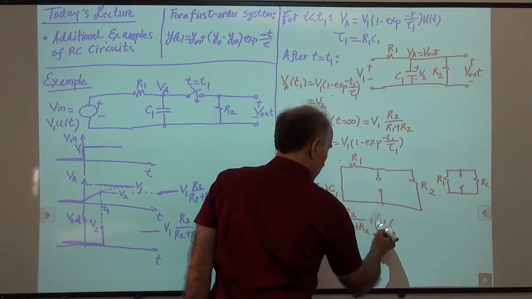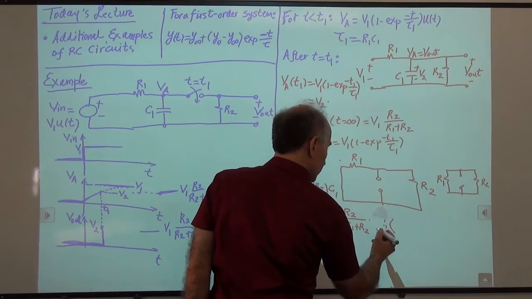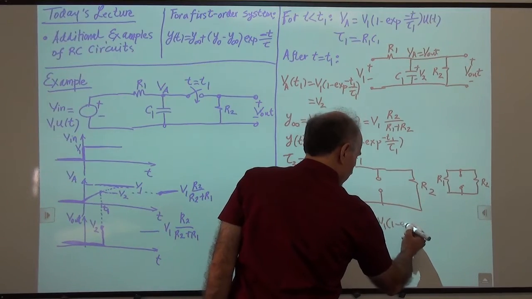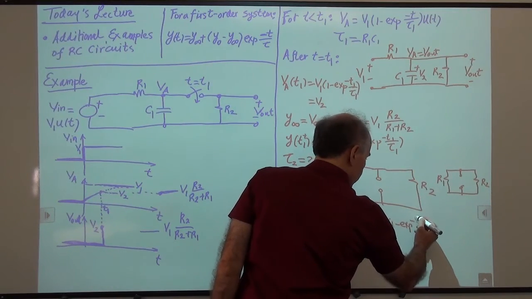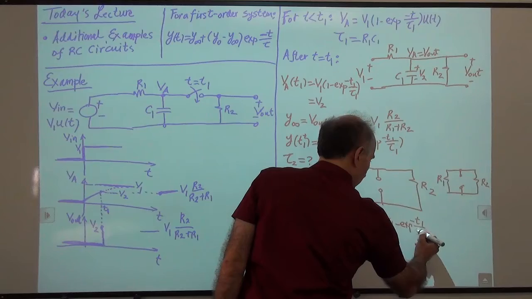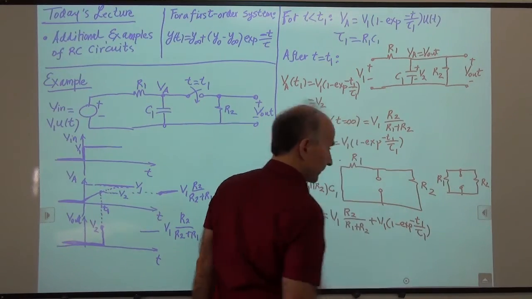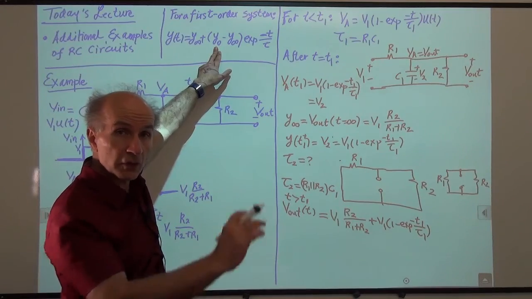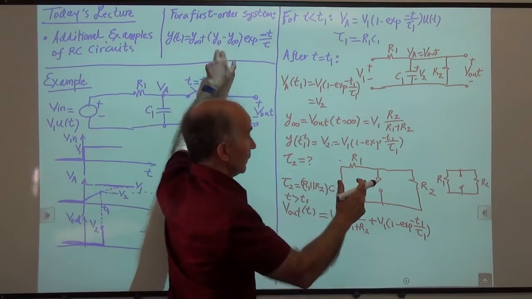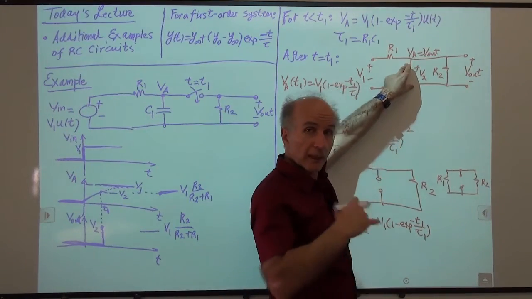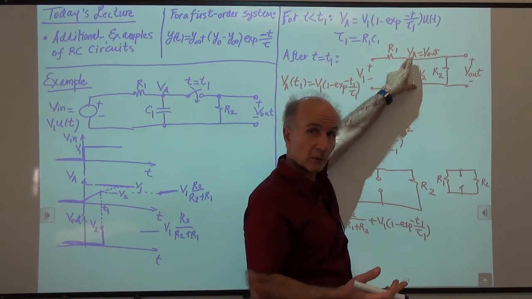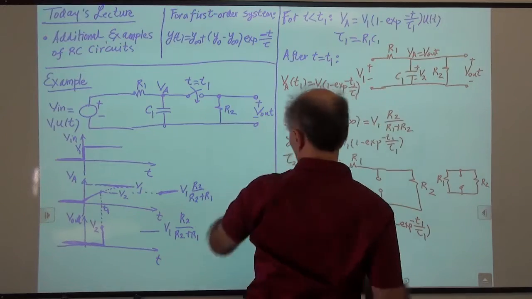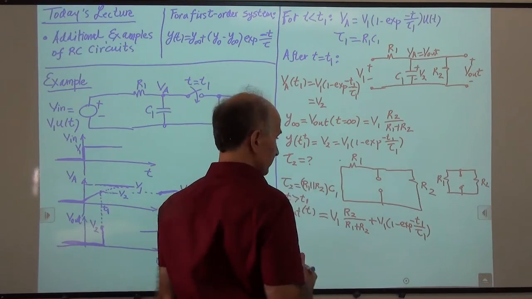okay, we erased all of this. So that's V1 times 1 minus exp of minus T1 over tau 1. This is this voltage here, the voltage at the output, which happens to be the voltage on the capacitor, right after the switch begins to conduct. Remember, this voltage cannot jump, so it has to be the value of the capacitor voltage before the switch turns on, right here.